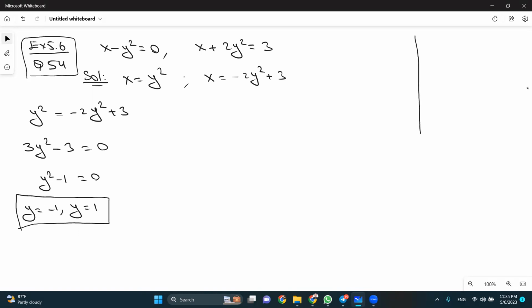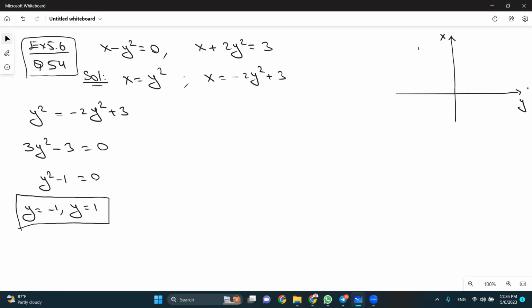Let me just redraw this. The first one is x equals y squared. That is our x-axis, and this one is the y-axis, right?